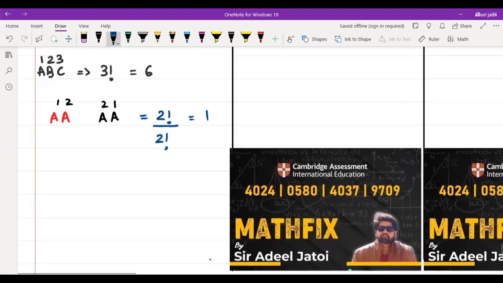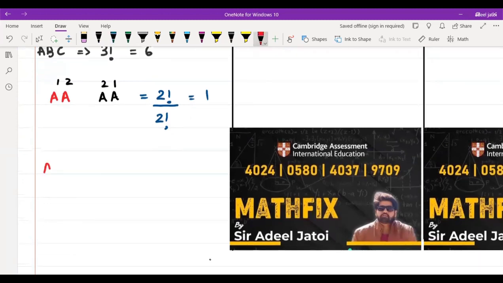Similarly, if we have A, A, and A, now we have 3 A's. So for this, what we do is 3 factorial for the moment, but obviously we need to divide it by 3 factorial to remove the repetition. So that means the answer would be 1.